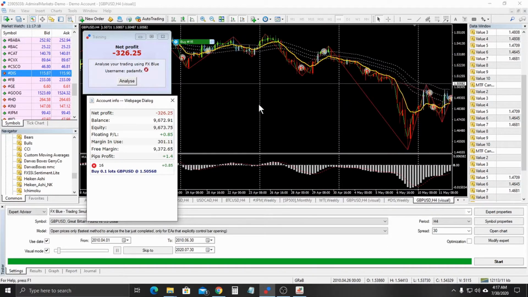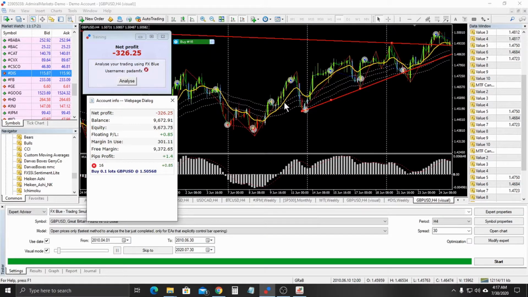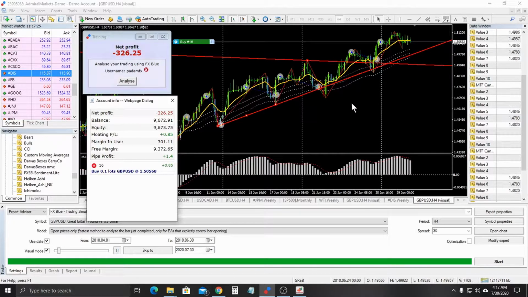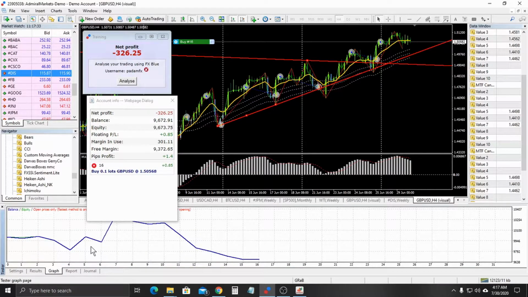As you can see, we hit a little bit of chop, so it's not a lot of trending, but it still looks pretty decent. So let's take a look at the numbers. Let's look at the graph. As you can see, it went up.